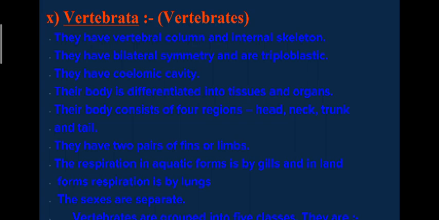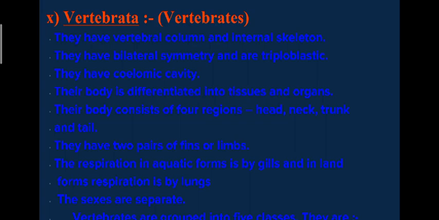Tissues form the organ and organ systems are present. The body is divided into 4 parts: head, neck, trunk and tail. Now for movement, they have 2 pairs of fins or 2 pairs of limbs. Brain is also present. Sensory organs are developing. Then formation of heart is there.